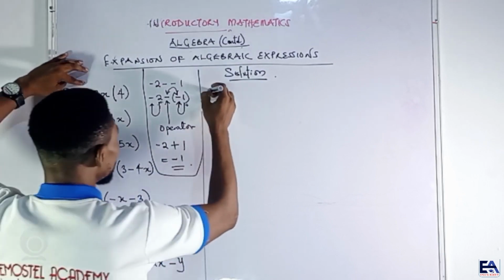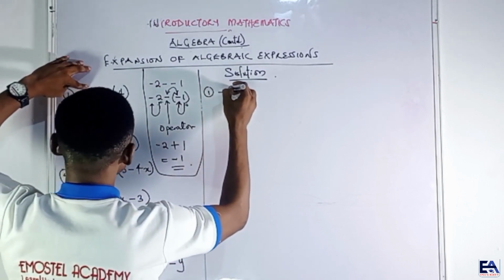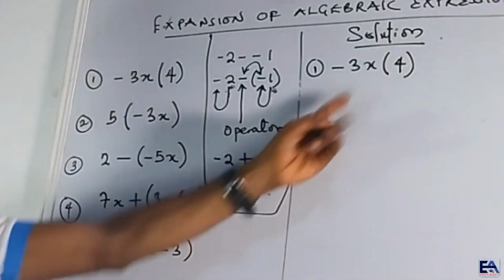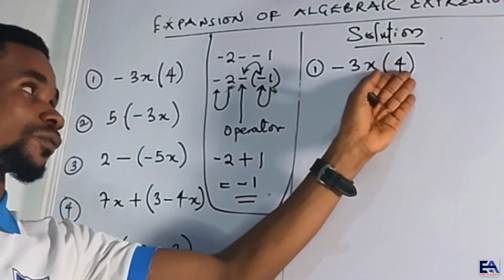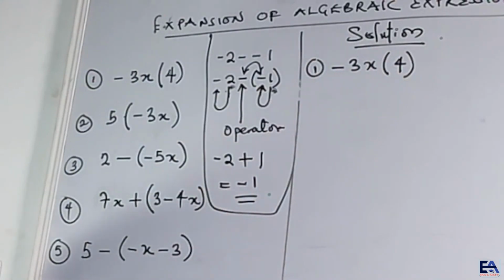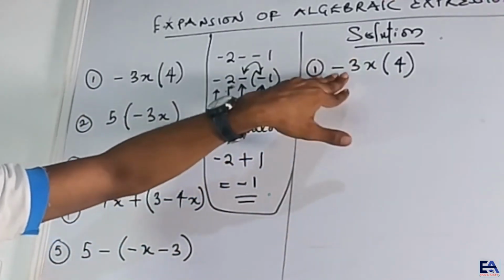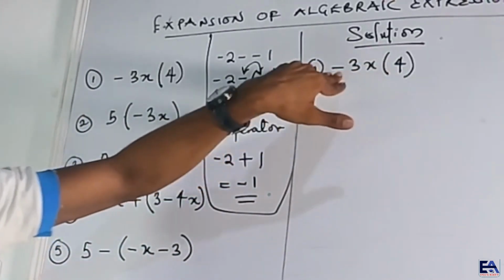We have minus 3x and then 4. Okay, so this bracket separates 4 from minus 3x, and it also serves as a multiplier. Which means that we are going to multiply whatever we have inside the bracket by what is outside.